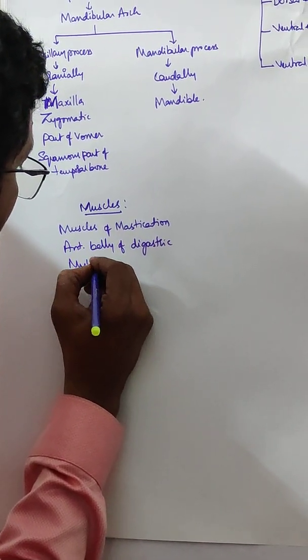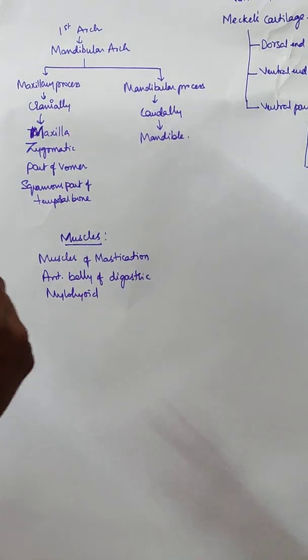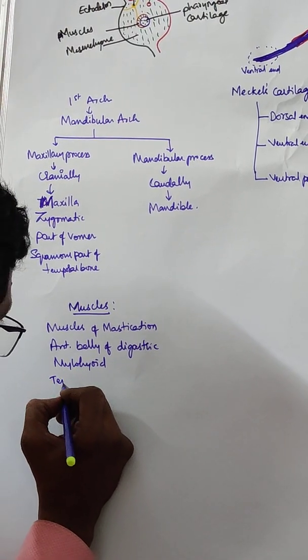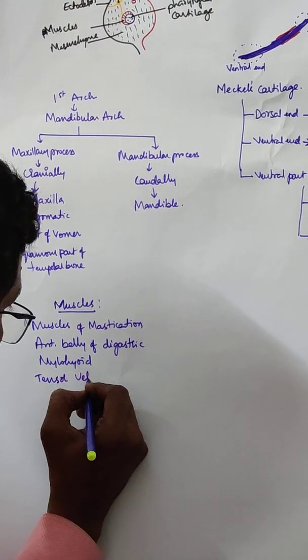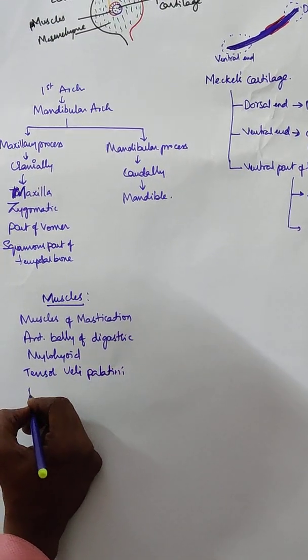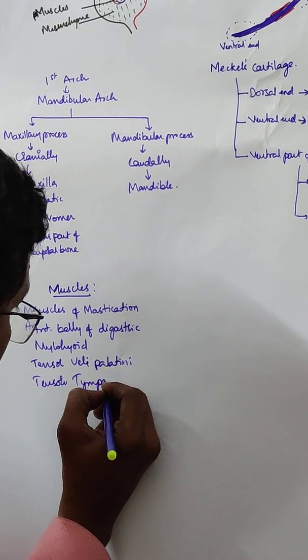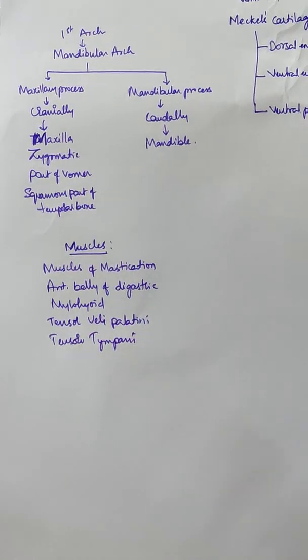Then the mylohyoid muscle. And along with this, there are a few other muscles called tensor veli palatini and tensor tympani. These are all the muscles which are derived from this first pharyngeal arch.